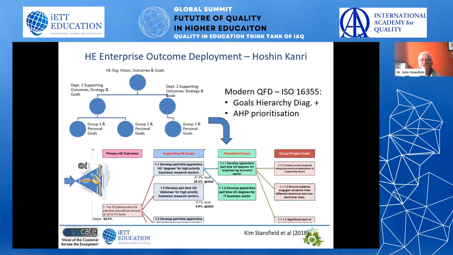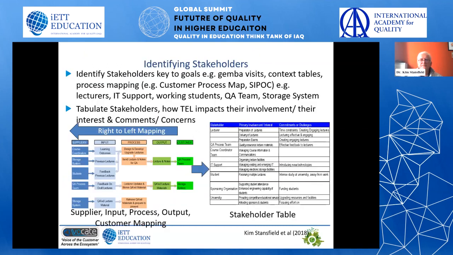What are they trying to achieve at a strategic level, and how can we quality assure the way we set our goals and follow our goals, innovate within our goals to achieve better performance, a higher quality outcome overall. And these then deploy down into department goals, and group project goals.